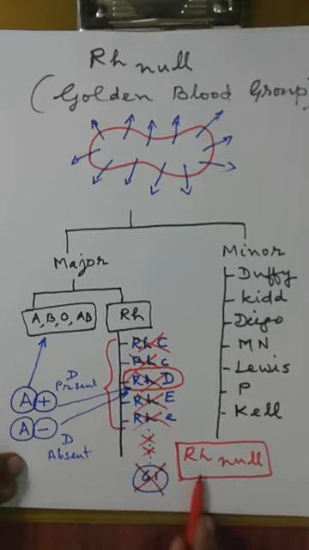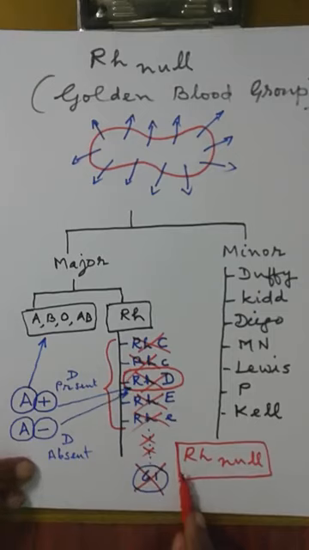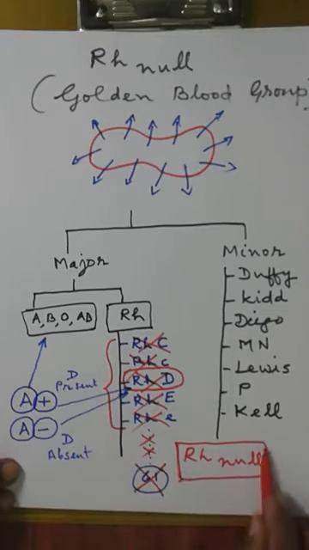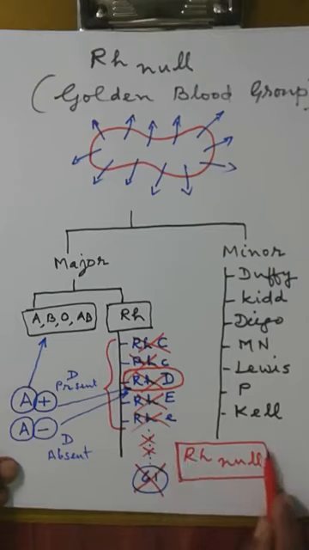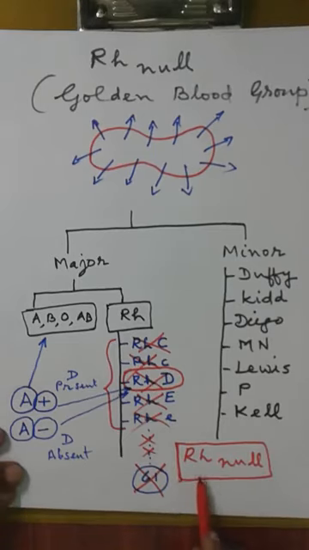That is why it is considered a golden blood group. It is a very precious blood group because blindly you can give this blood to any person.